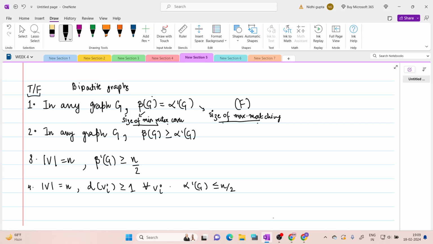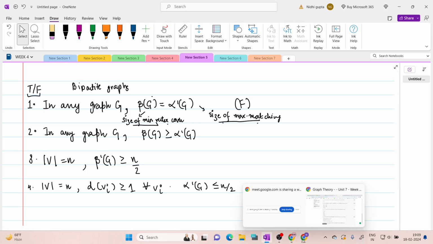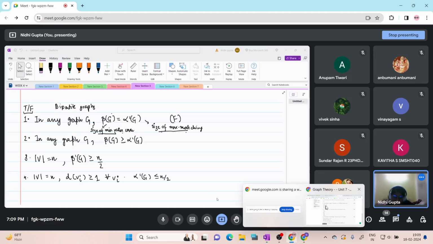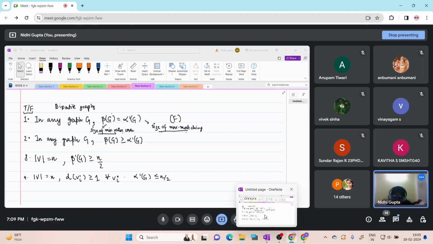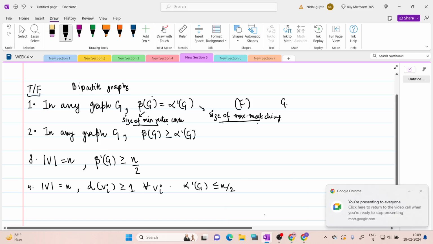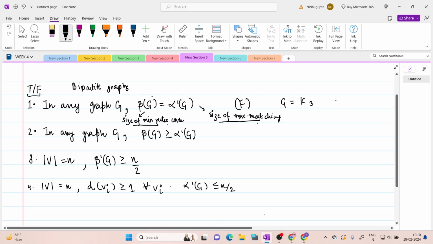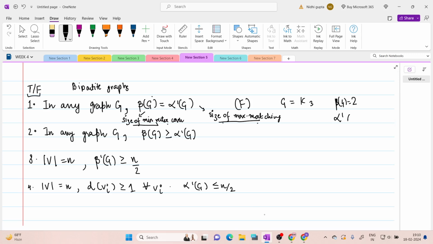So if you can give me one graph for which it is not true, then the statement becomes false. If we take G to be K3, our size of minimum vertex cover was coming out to be 2, beta G was 2, and alpha dash G was 1. Therefore, this statement is false.